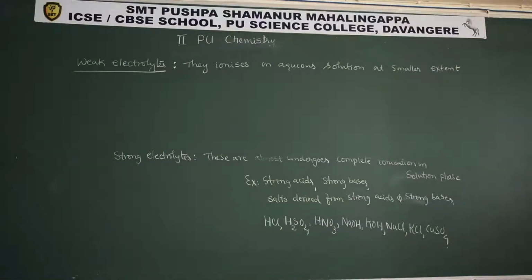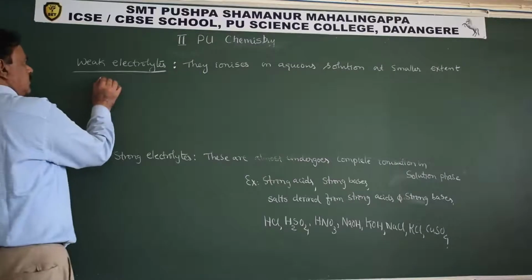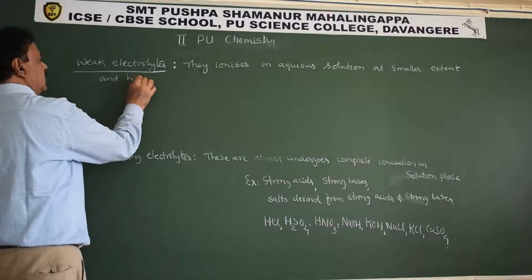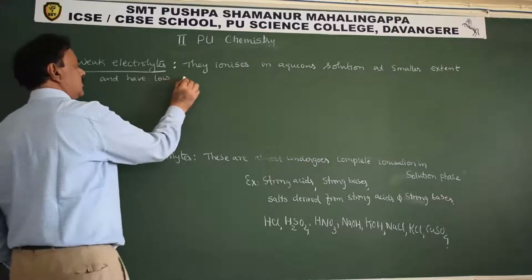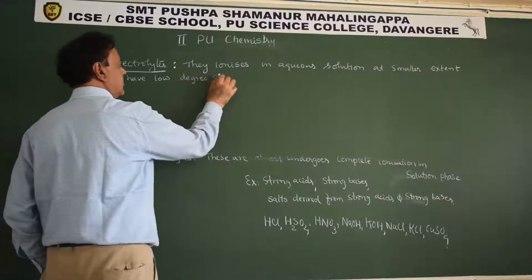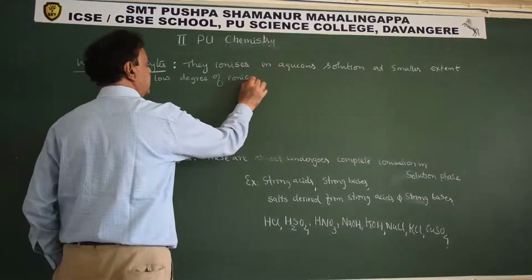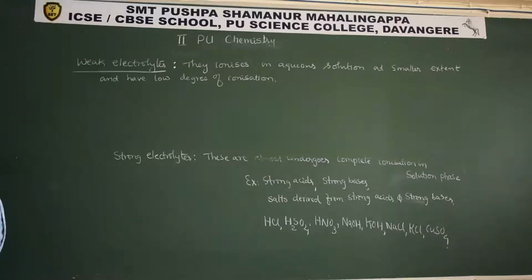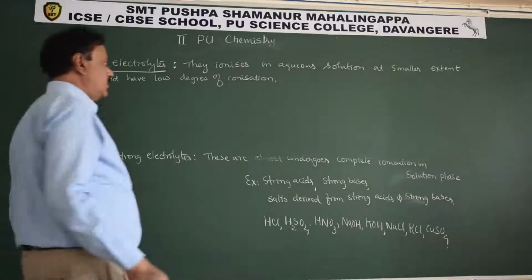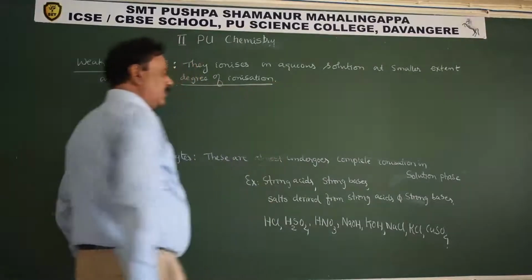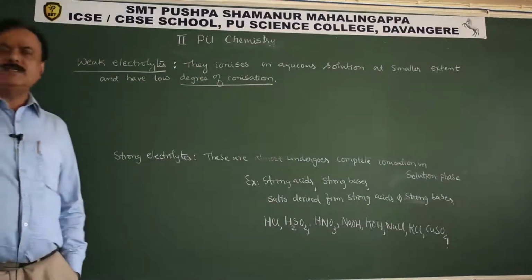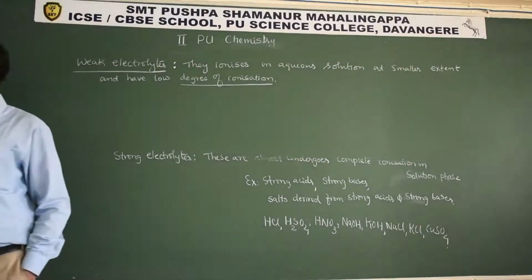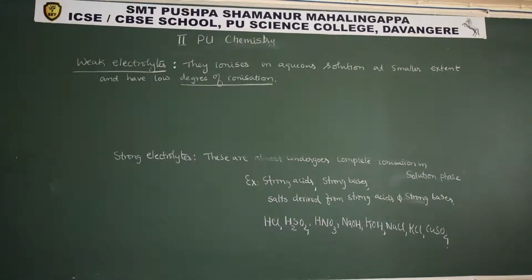The degree of ionization is the fraction of the electrolyte that dissociates out of 1 mole in aqueous solution, also called degree of dissociation.